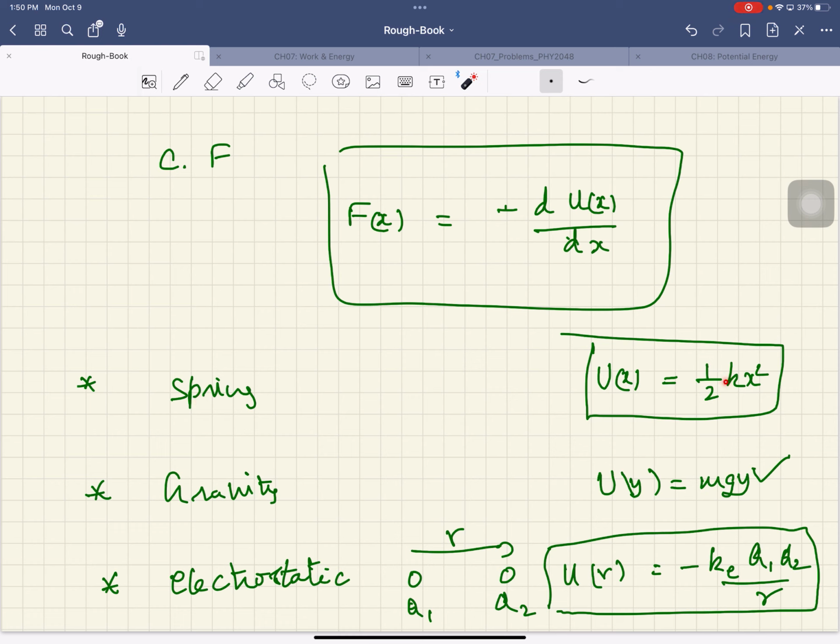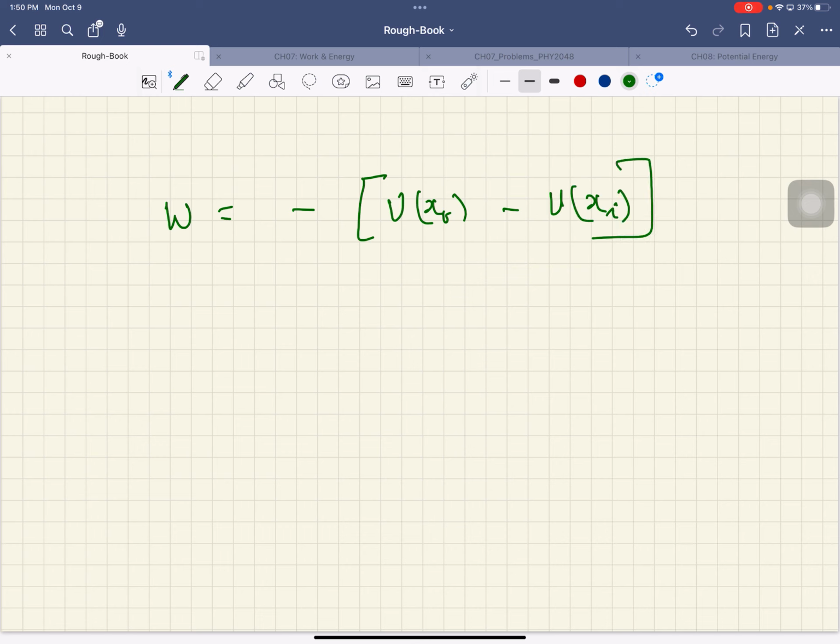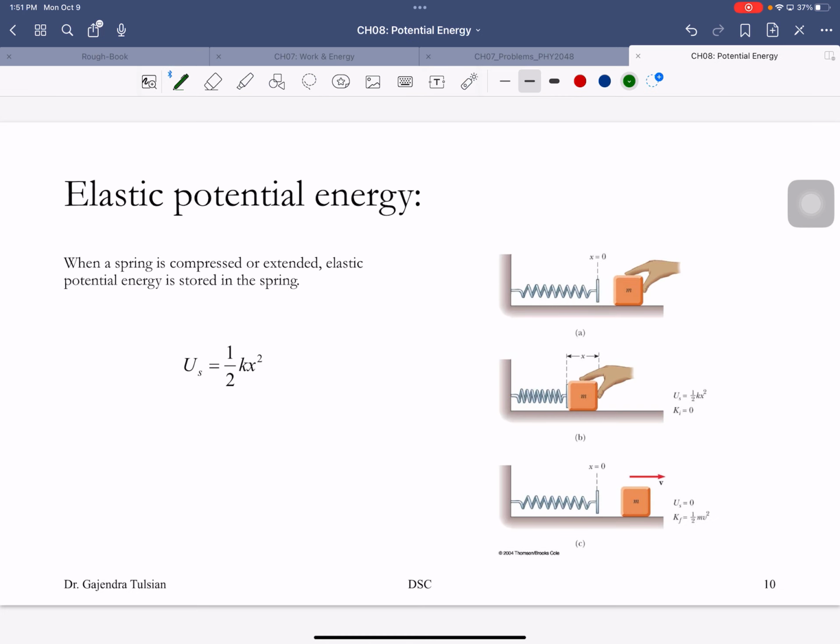You just take the difference in this potential energy function. The work done by those forces is minus U x final minus U x initial. It's that easy. And that's what this chapter was about.